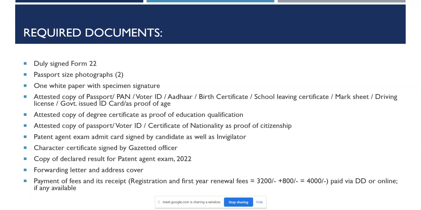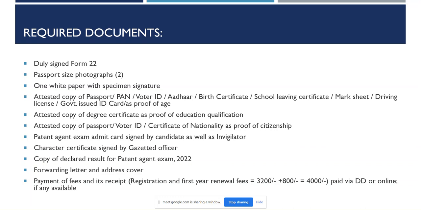Then any identity proof as a proof of your age. It may be a passport, PAN card, voter ID, Aadhaar card, birth certificate, school leaving certificate, mark sheets, driving license, or any ID card issued by the government. In my case, I gave the school leaving certificate as proof of age, as an attested copy.